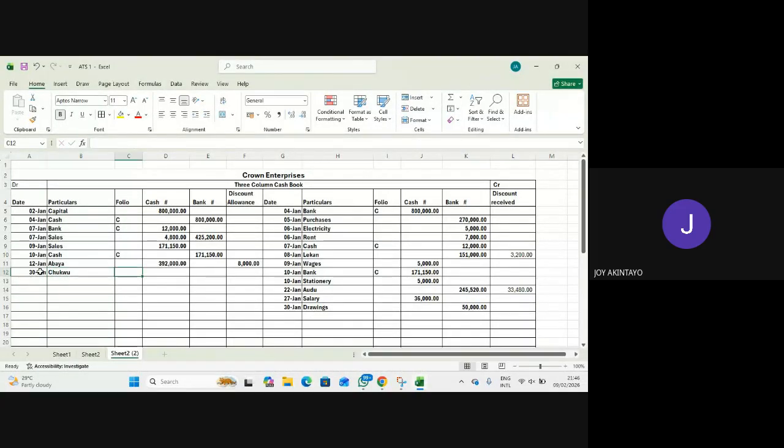How much? 784,000 naira in form of check. Then the second one is what? Discount allowed. We put our discount allowed, the 16,000 naira. That's all. So the next thing is to look for more transactions. No more transactions.